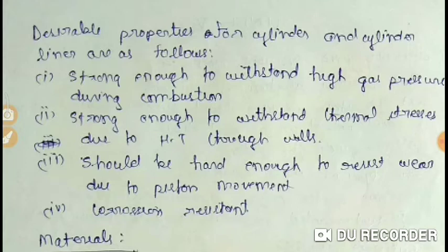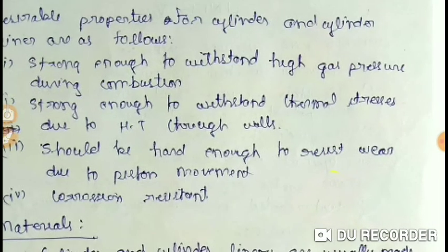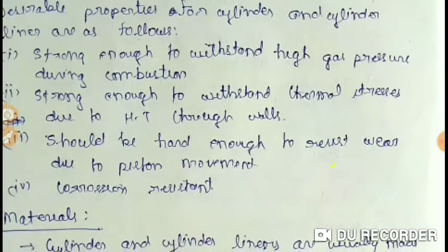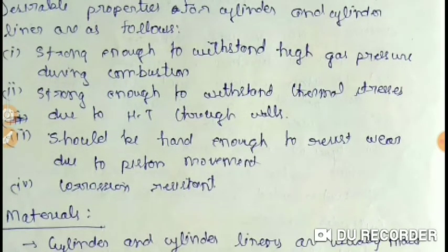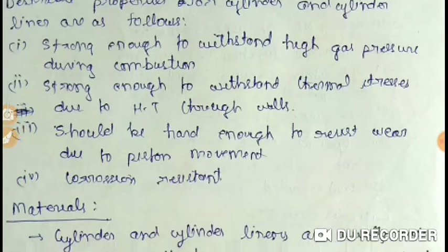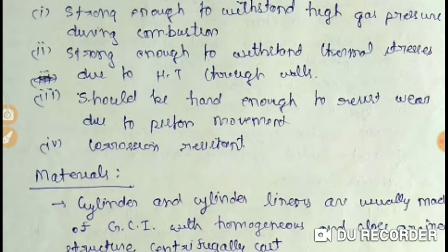That heat and pressure must be taken care of by the cylinder materials, so that it can withstand that pressure and heat. So the strength should be enough to withstand high gas pressure during combustion, and strong enough to withstand thermal stress, as I already told, because thermal stresses will be there due to the heat transfer taking place.